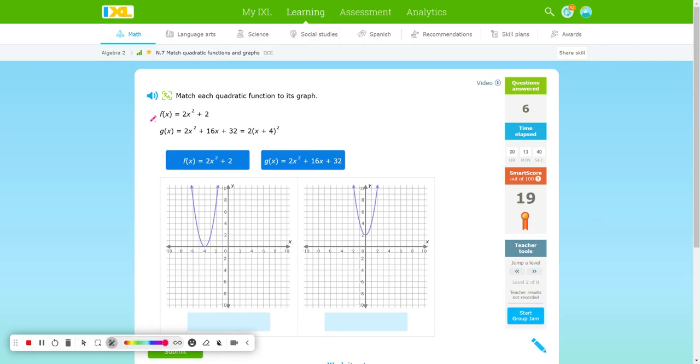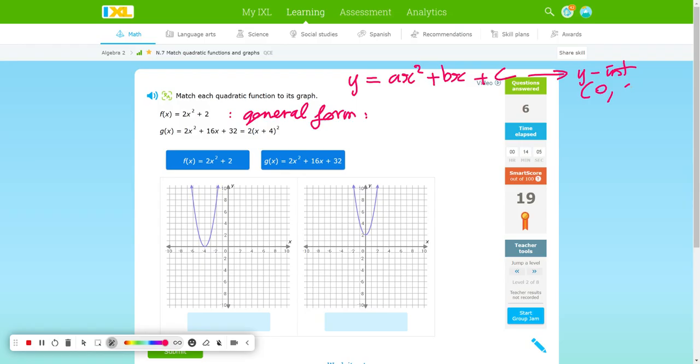So the first equation right here, you can look at this as the general form. General form is y equals ax squared plus bx plus c. So from the general form, you always see the y-intercept at 0, c.